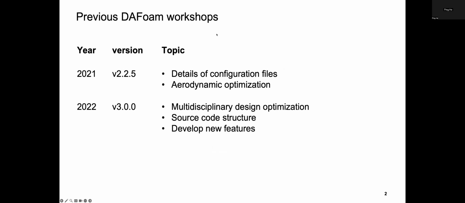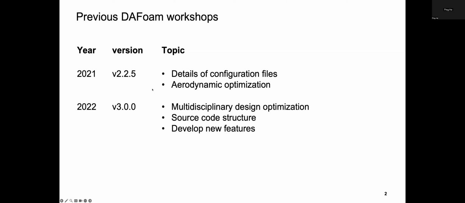We also demonstrated a very simple aerodynamic optimization case. In the second workshop, in 2022, we focused mostly on how to use the new MDO feature and also how to develop new code features. So if you're interested in how to use and how to develop DAFoam, please refer to these 2 workshops.